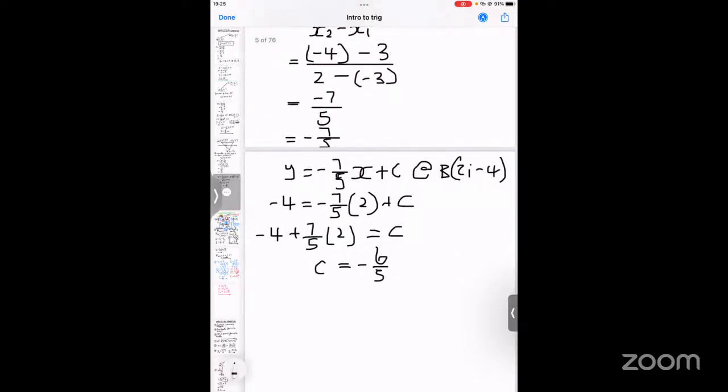Then your equation is y equals your gradient, which is -7/5 x, and then you have your c being -6/5. This is the end of it. That is the equation of that line.